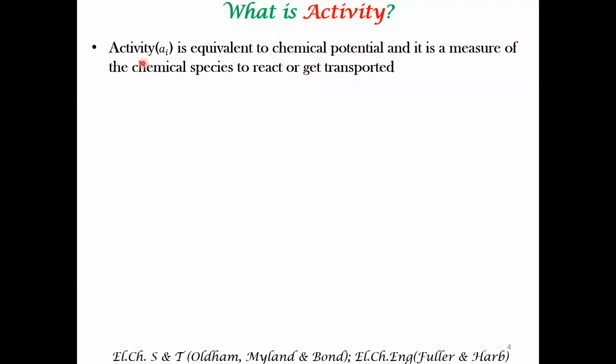Activity is another way of describing the same system. In some ways, there are two equivalent descriptions. One description is based on chemical potential. Another description is based on activity. So there's a one-to-one correlation between activity and chemical potential.